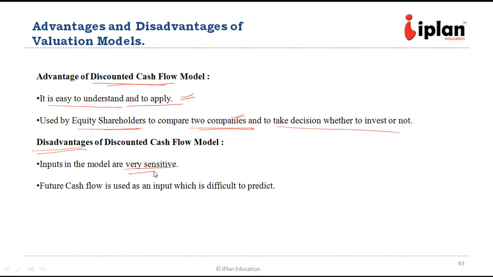As we have seen, K and G are both in the denominator, and the share price is very sensitive to the difference of these two. Another disadvantage is that future cash flow is used as the input, which is very difficult to predict. Future cash flows are based on estimates of growth of sales, etc., which are not very reliable.